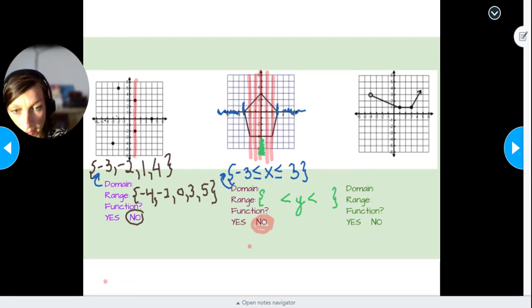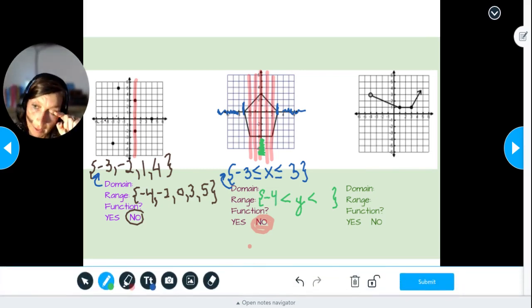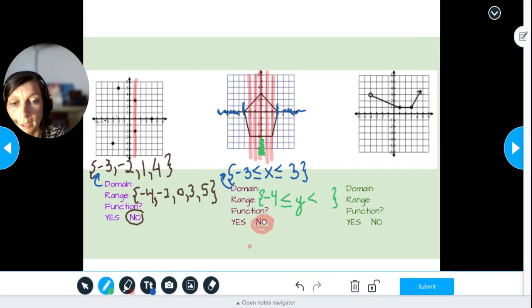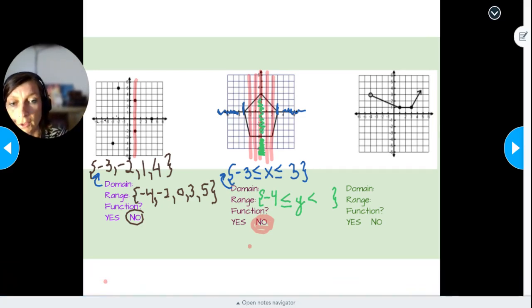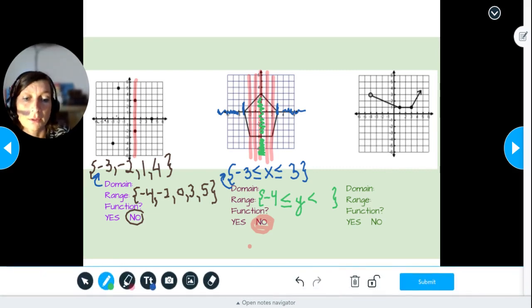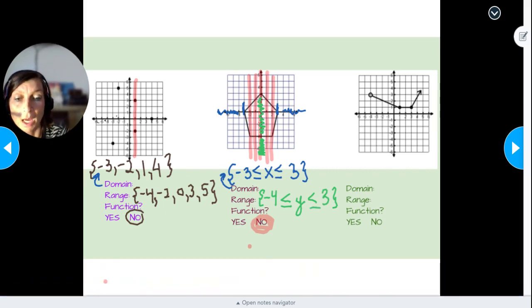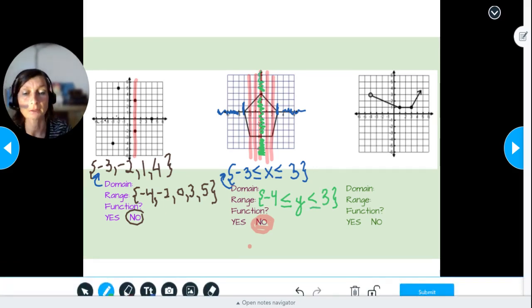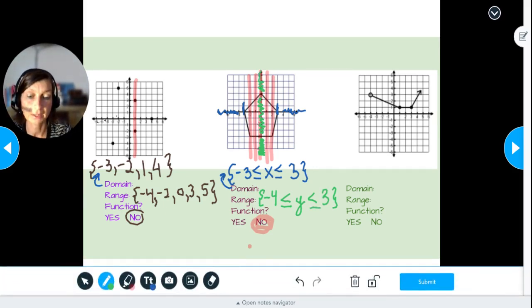Nothing, nothing, nothing, up until -4. And the -4 is included, so I have to have an equal sign there. And then I keep rolling, rolling down the river. Here, 3. It stops at 3. Included or not? Yes, included. After that I continue, there's nothing going on. You're done.